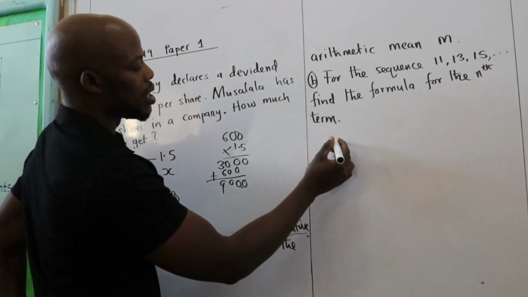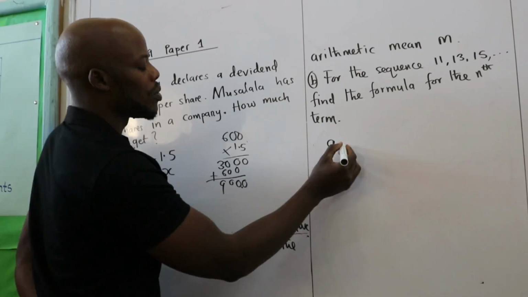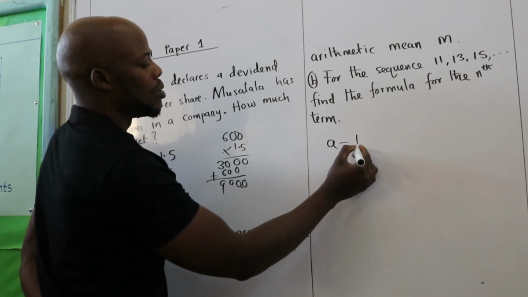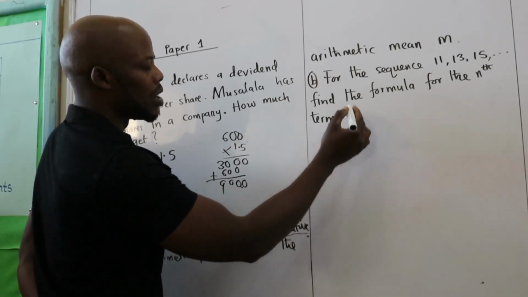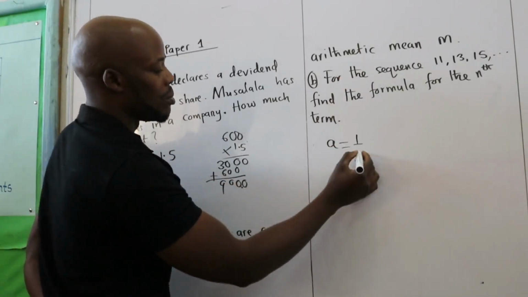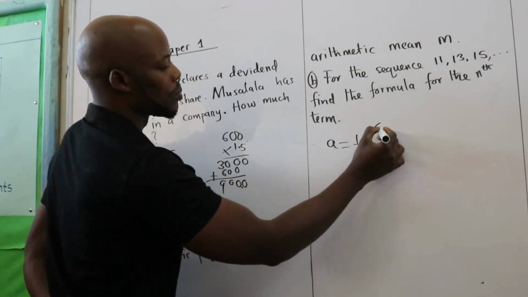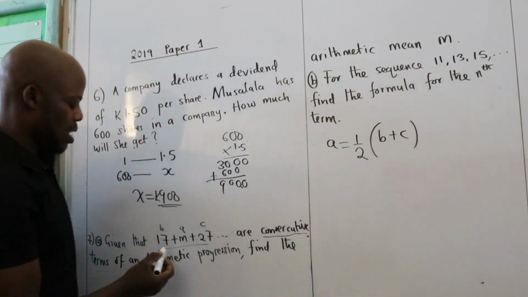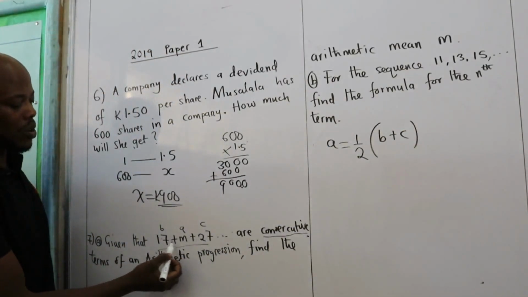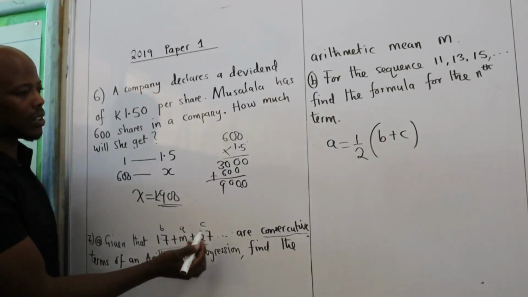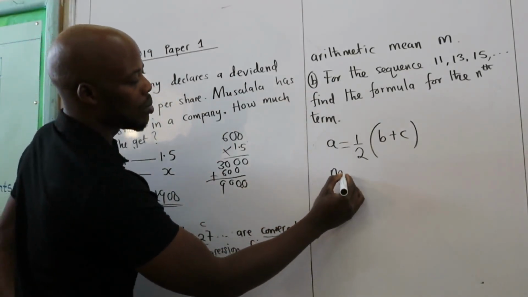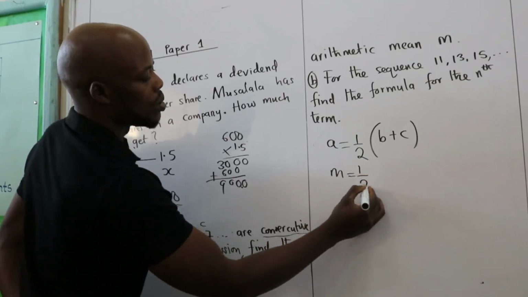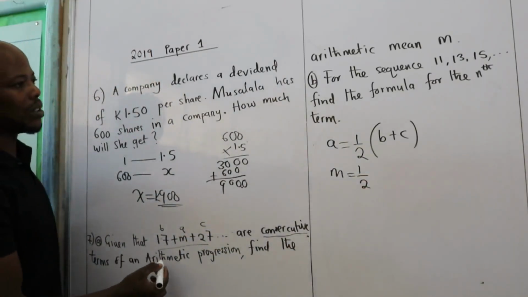So for us to find the mean, we need to use the formula for finding the arithmetic mean. So this is what we do. This is the formula over here. Remember, we plugged them in already. We know what we're supposed to get at A. What is there? That is M, which is equal to this. At B, what do we have at B?